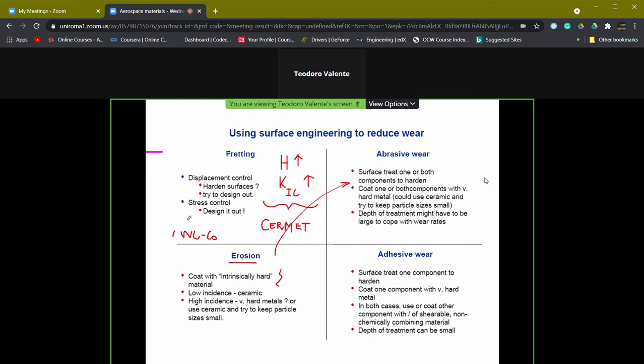This is a CERMET, which is able to give us a compromise between these two requirements, because the use of the ceramic phase gives an increase in the hardness of the coatings.